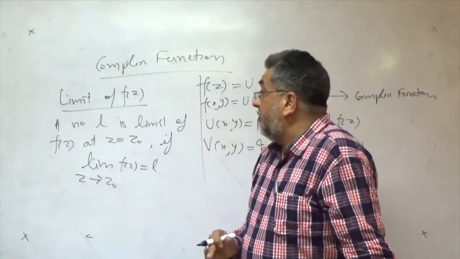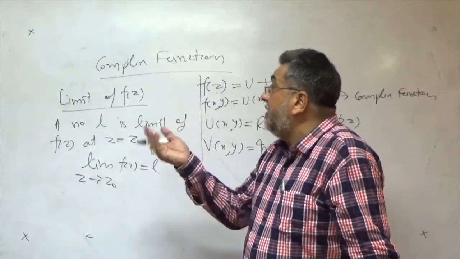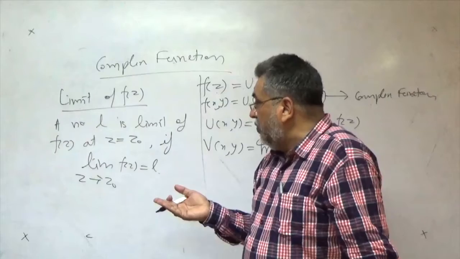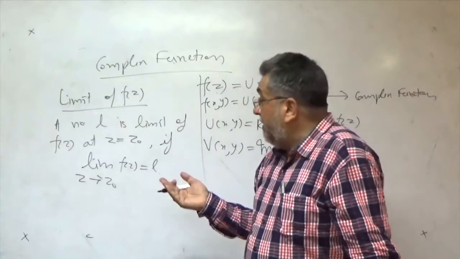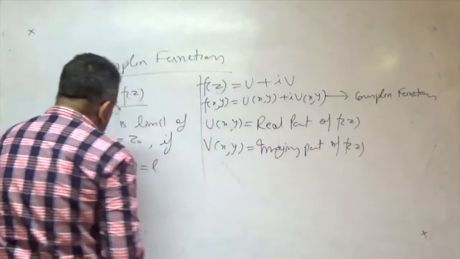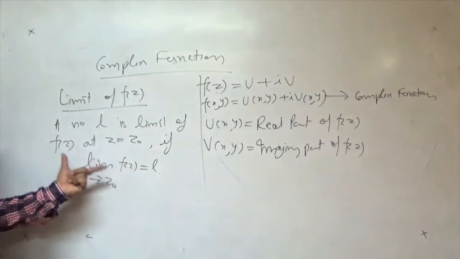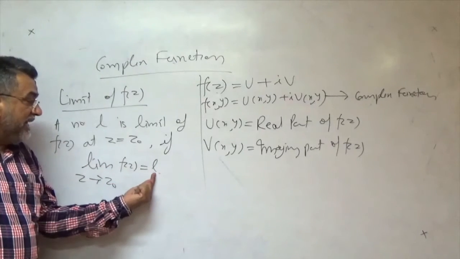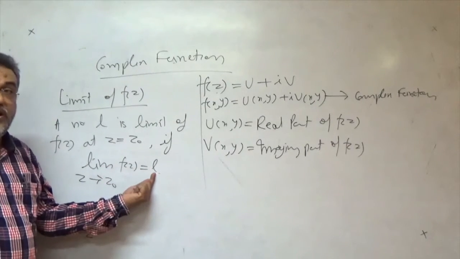In differential calculus, when you take an ordinary function, there also the approaching value of a function is the limit, and for the existence of limit, you check the left hand limit and the right hand limit. When both limits exist separately and coincide, then you say that the limit of function exists, and that is the limiting value.